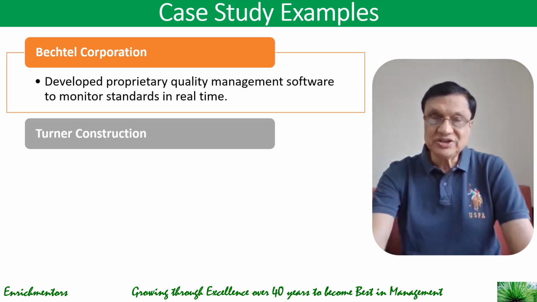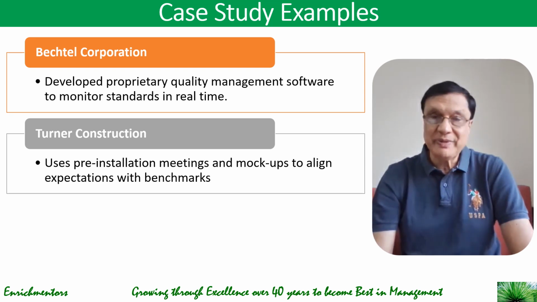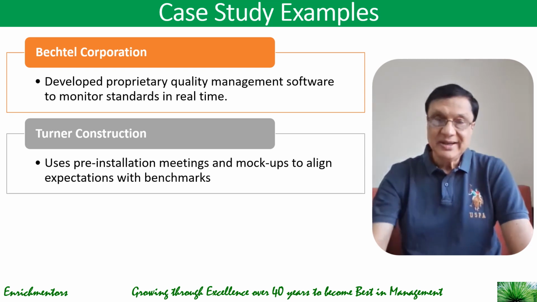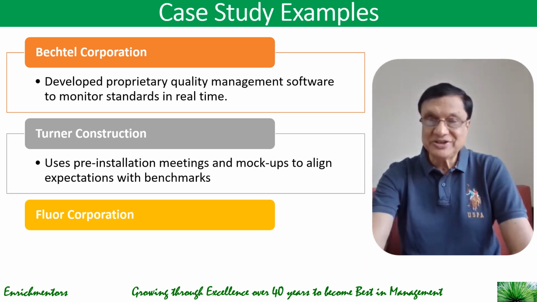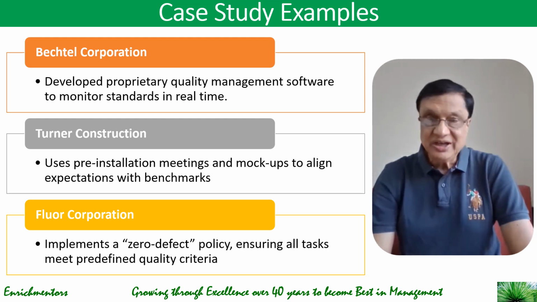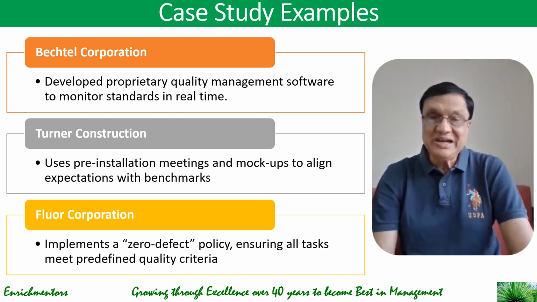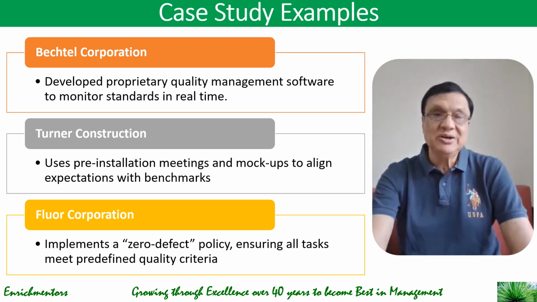Similarly, Turner Construction uses pre-installation meetings and mock-ups to align expectations with benchmarks, and Fluor Corporation implements a zero-defect policy, ensuring all tasks meet predefined quality criteria. So these are some ways the global leading corporations manage quality.